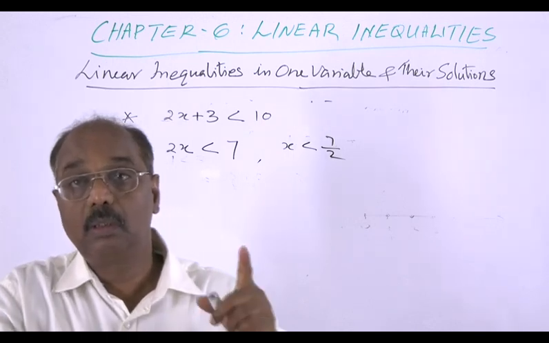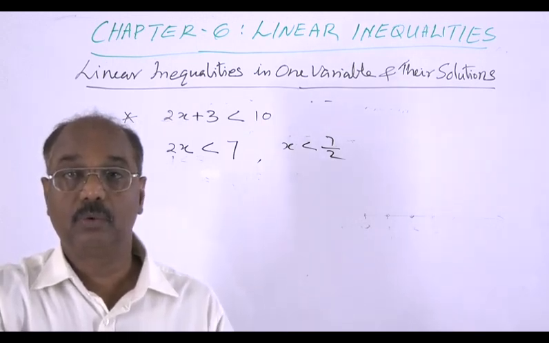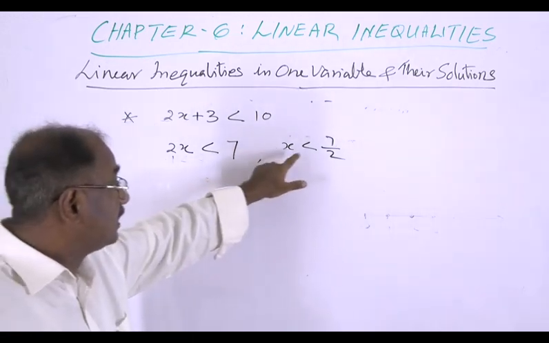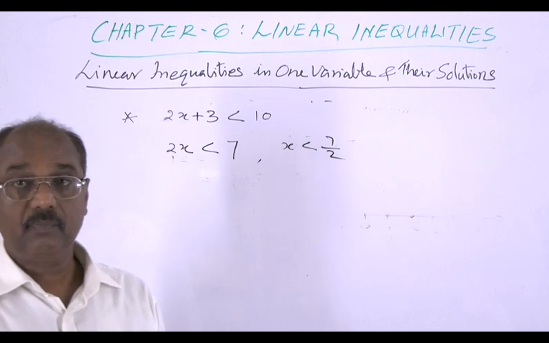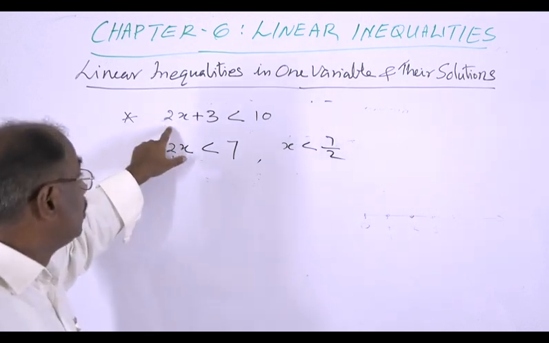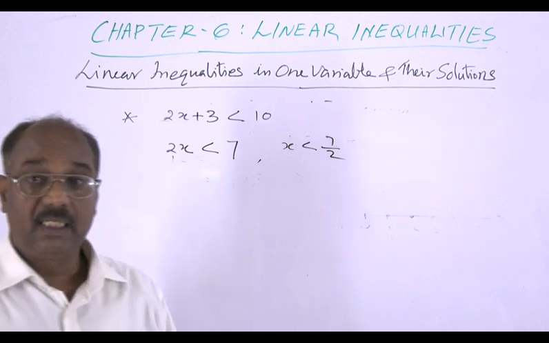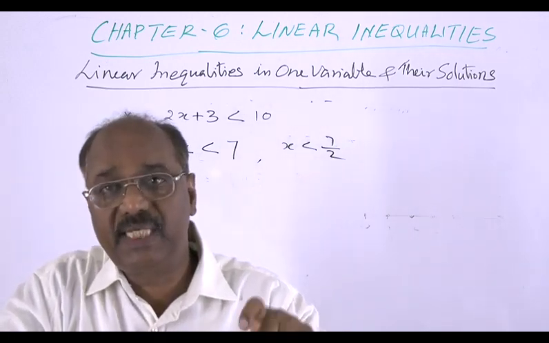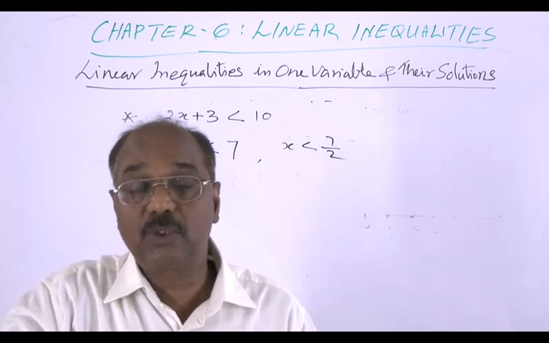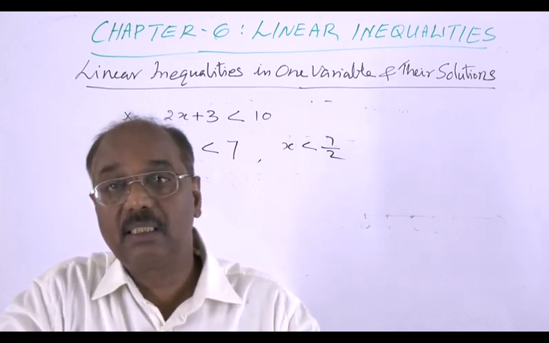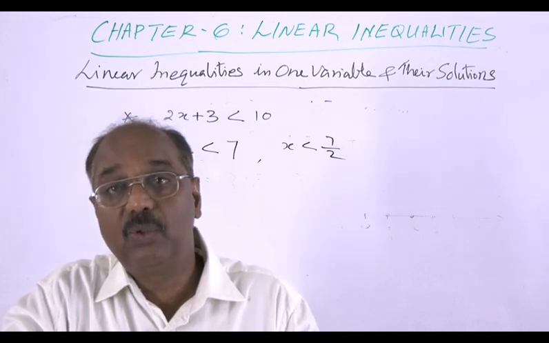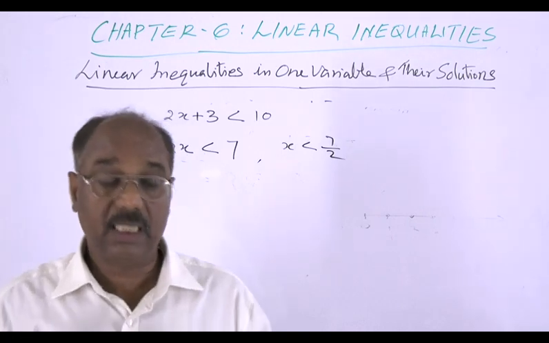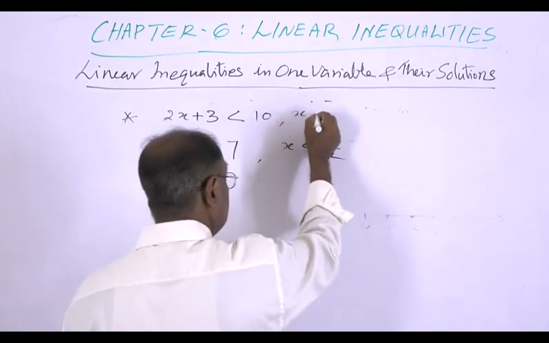Rule 2. So we get x less than 7 by 2. If the value of the variable x is not specifically stated, it is understood that x takes real number values. X is real.